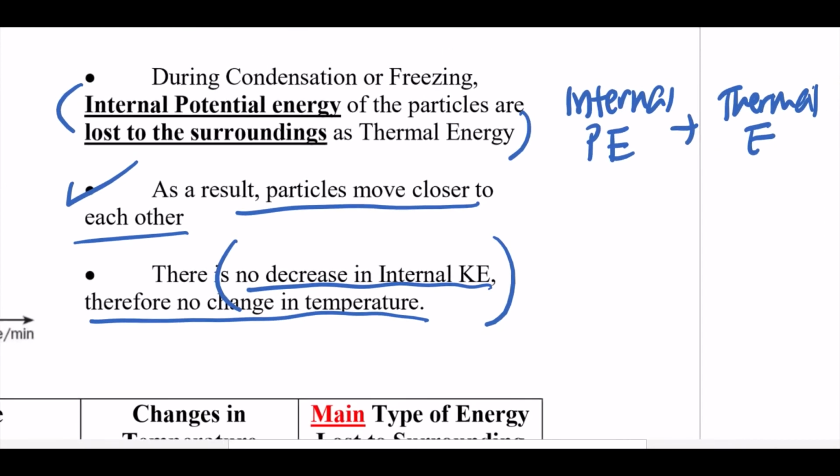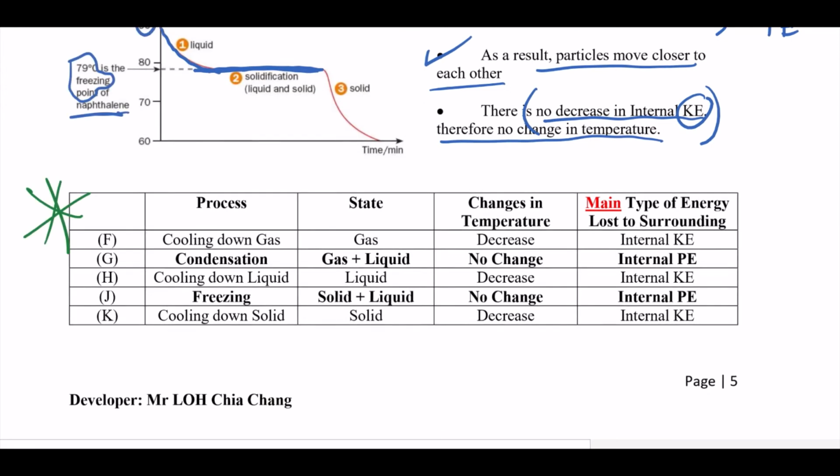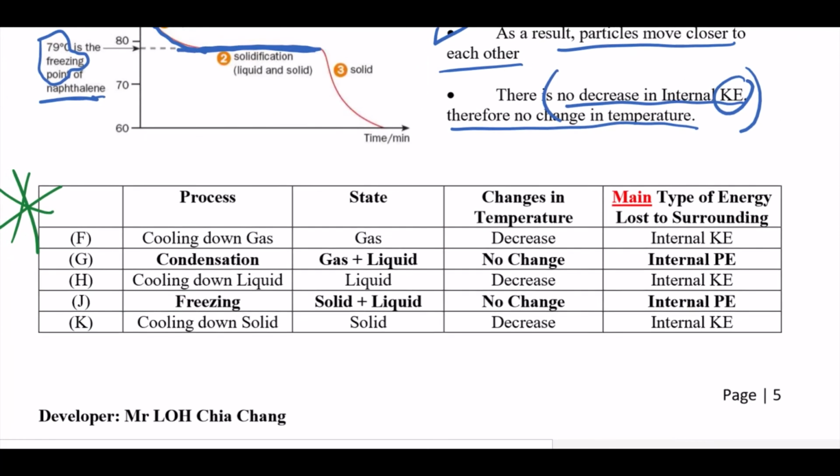You can see very clearly from melting and this freezing example that the common thing is that if the temperature does not change, the energy change is due to gain or loss of internal PE, and there's no change in the internal KE, because once internal KE changes, the temperature will change. Again, this summary table nicely sums up the processes.